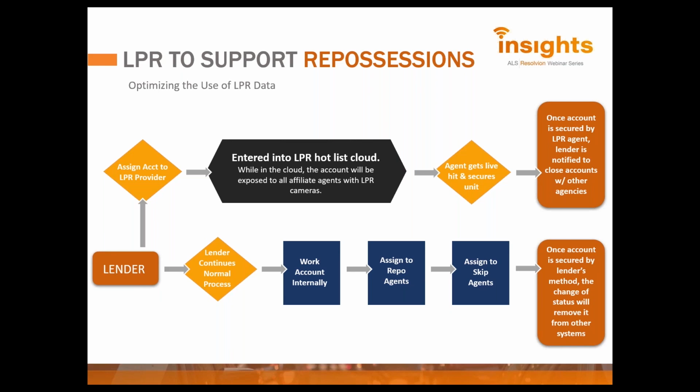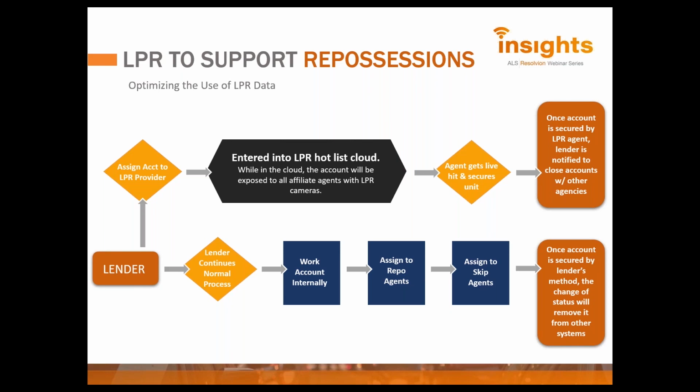They get a validation process going there as well to make sure that it is the right car, the right information, the right VIN number, and that it's still a valid repossession order, there's been no hold or close placed on that account. And then they can get the account sent, or the repossession order sent directly to their laptop in their vehicle to recover that car on a real-time basis.